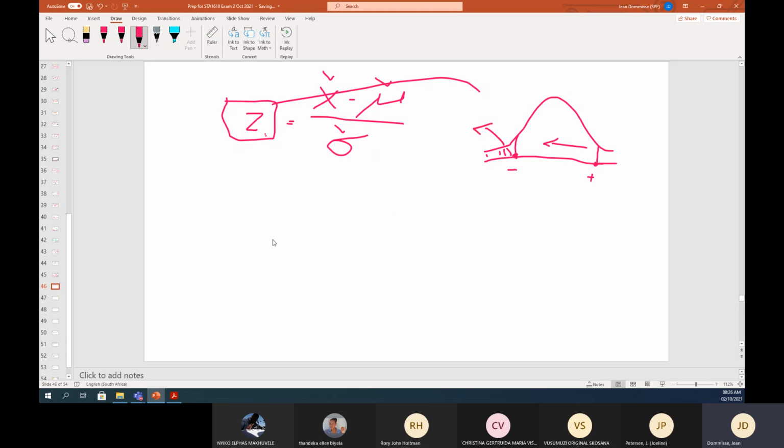The other way that they can ask it is by giving you a probability. With that probability that they give you, you need to go and find a z value and then use that z value in this formula where one of the other three will not be given, so you calculate one of the other three.